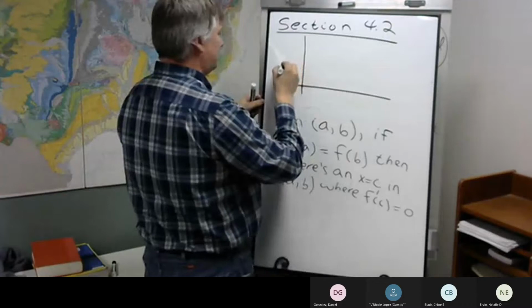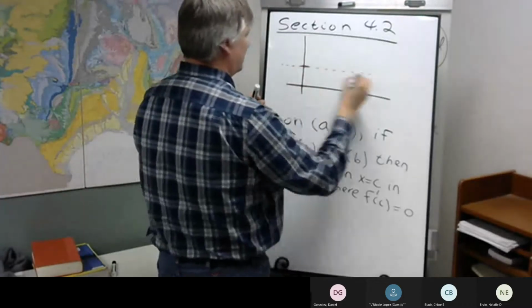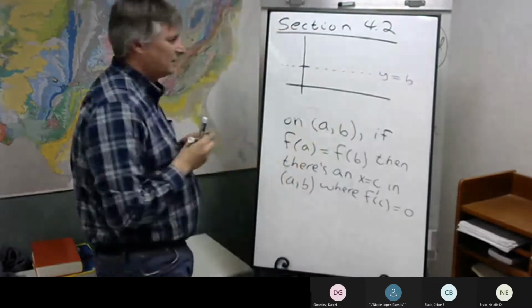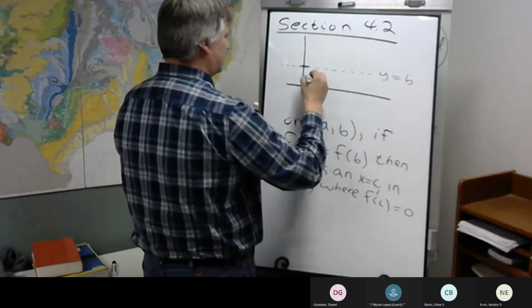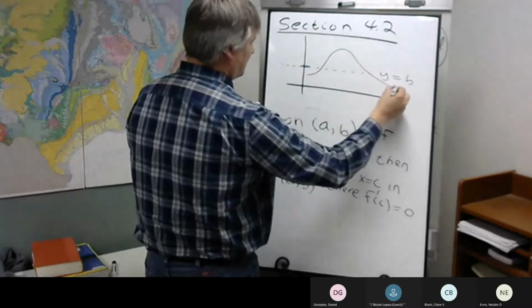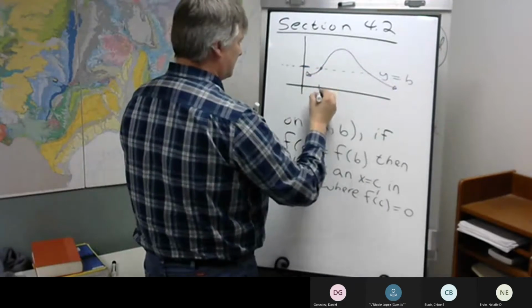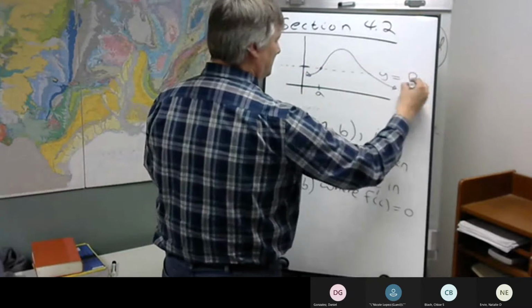So if we have some line y equals b, we have a function doing something like this. Call this a, and we'll call this capital B.